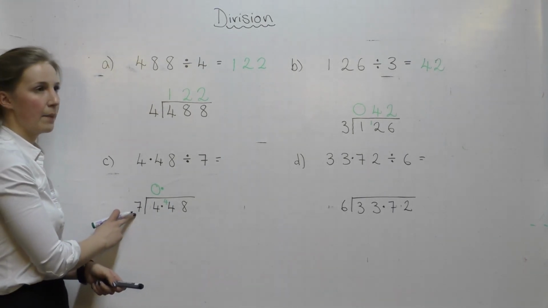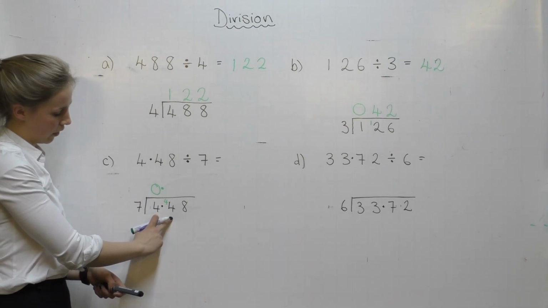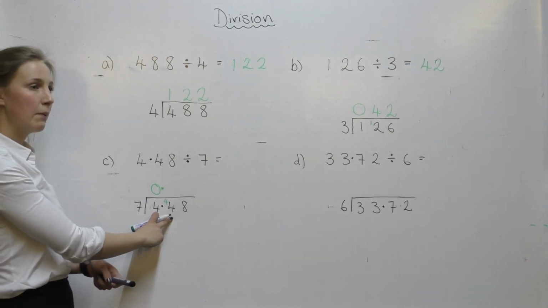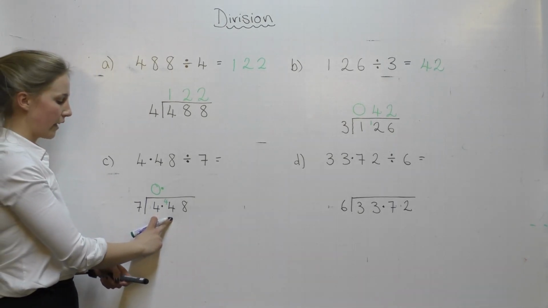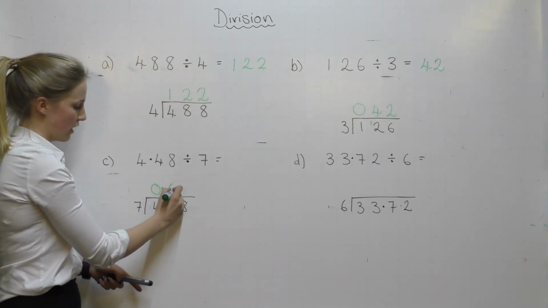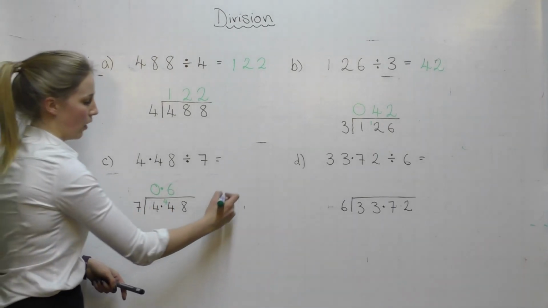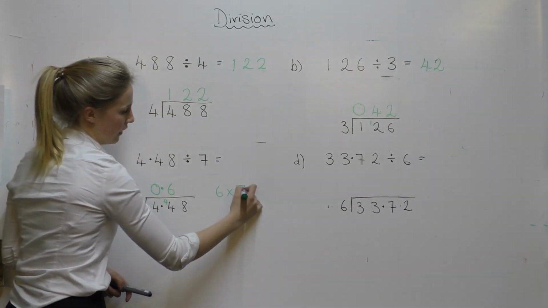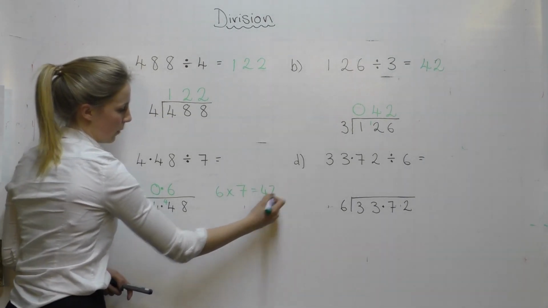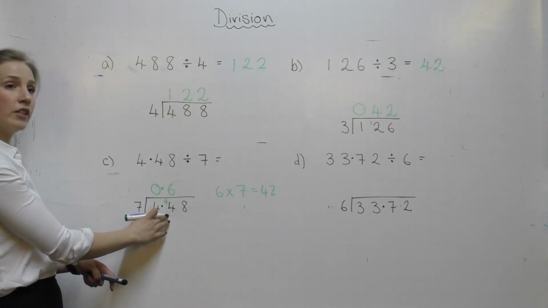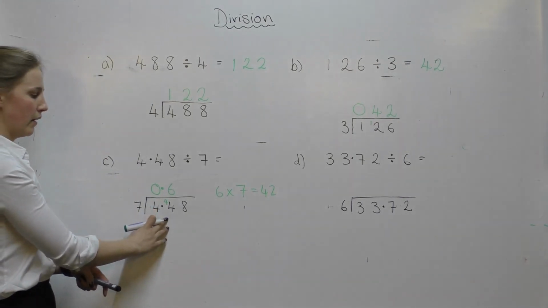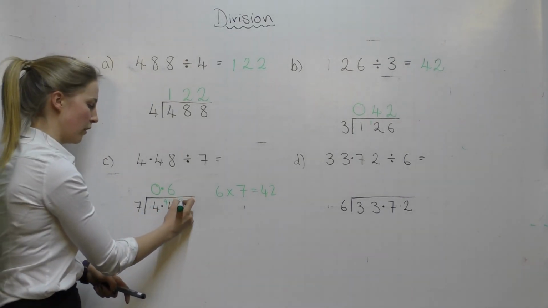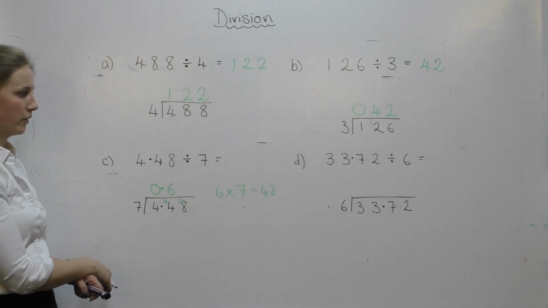I'm then thinking, how many 7s go into 44? Well, if I'm counting up in my 7 times table, 6 lots of 7 gives me an answer of 42. I've got 44, however, so I have 2 left to carry over.